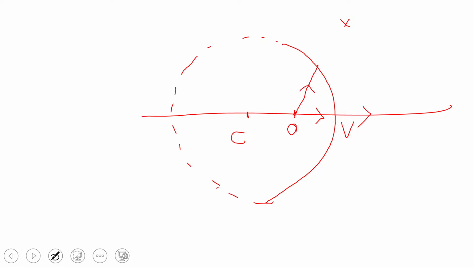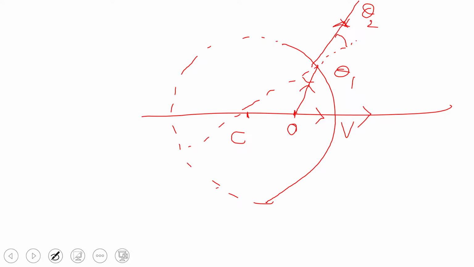So our normal would go from there through the center of curvature. That's the normal, right? So this angle would be theta 1, and the ray would refract to another angle theta 2.